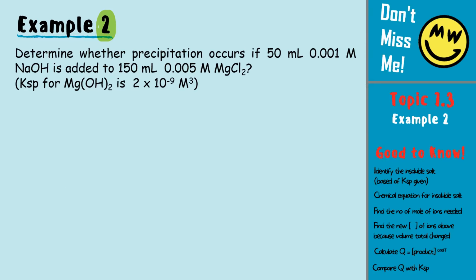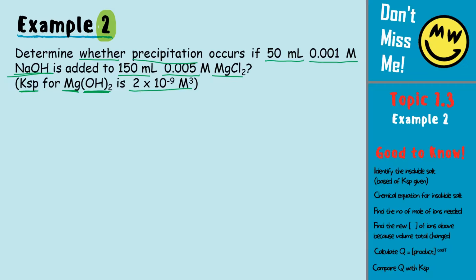So in the question stated that determine whether there will be precipitation occur if you have 50 milliliter of 0.001 molar of NaOH is added into 150 milliliter of your 0.005 molar magnesium chloride. And the KSP is given for your Mg(OH)2, your magnesium hydroxide. The KSP given is 2 times 10 to the power of negative 9.